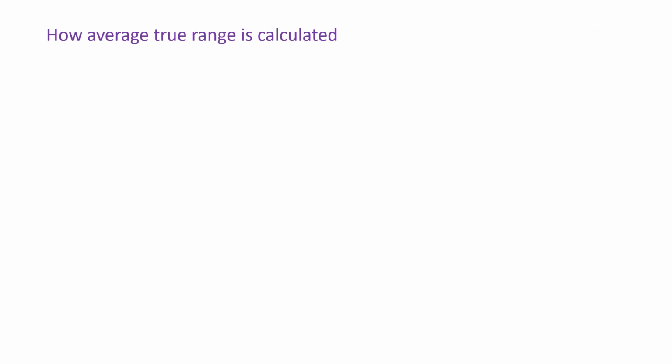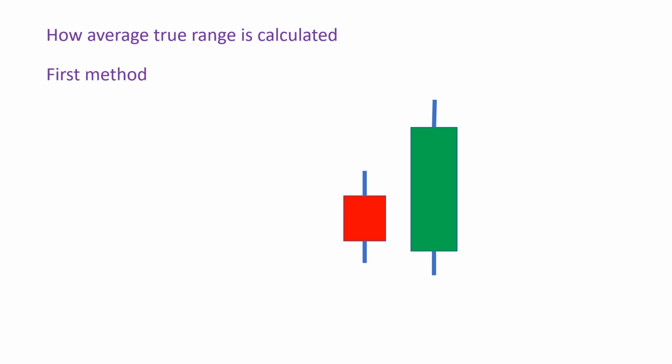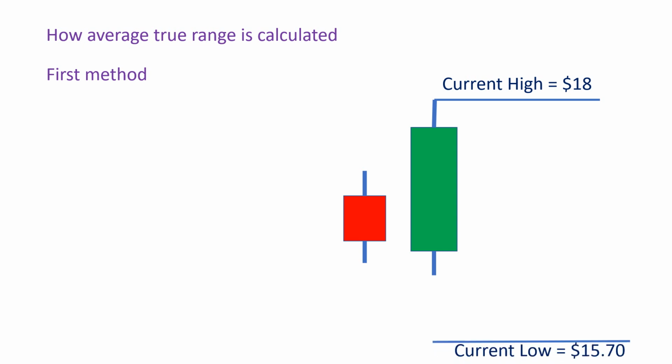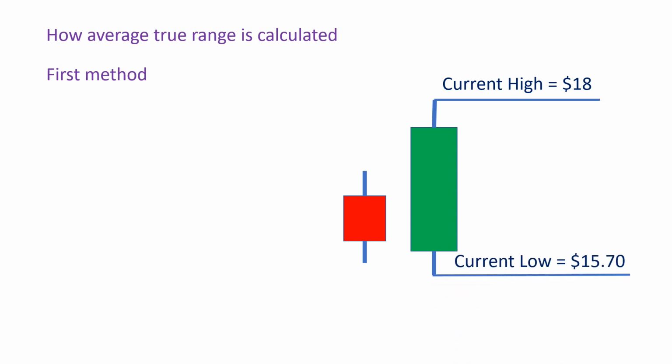How is average true range calculated? There are three ways to calculate the true range value, depending on how the candles are formed, and it can graphically be shown as follows. First method: let's assume these are the first two candles, and this is the current high, which is $18, and that is the current low, which is $15.70 for this candle.